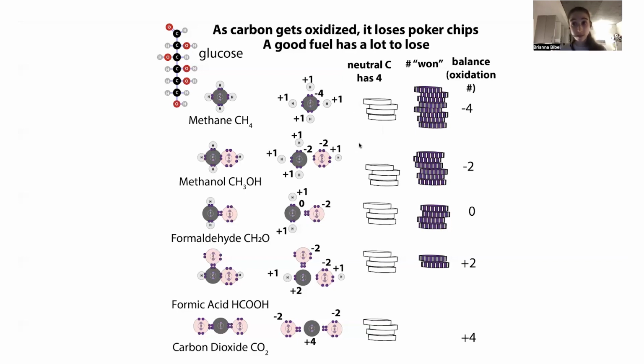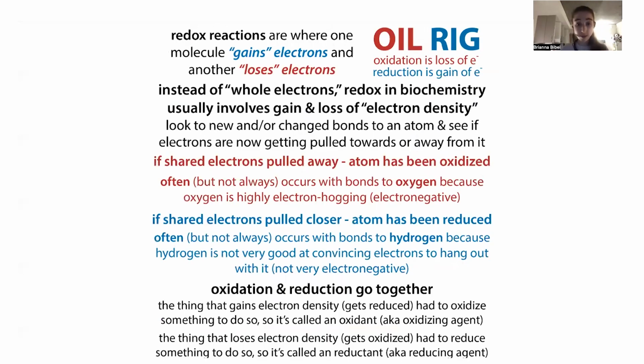So the molecular oxygen would be reduced as the carbon gets oxidized. And so you always have to be thinking in terms of redox reactions, one thing happening with the other.